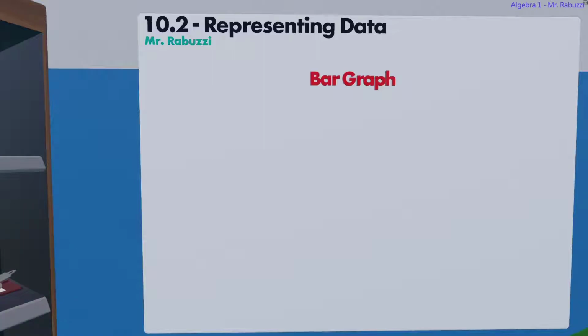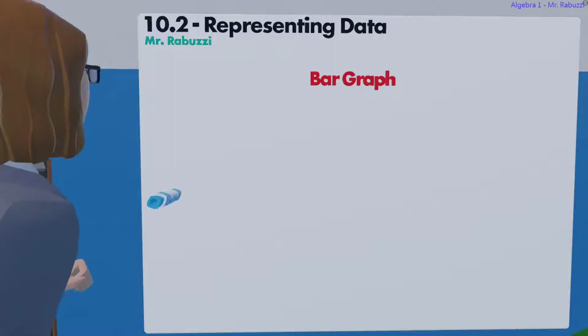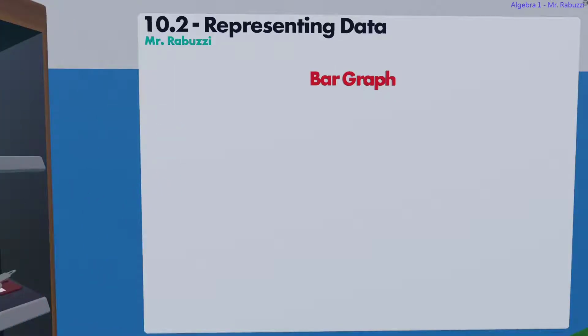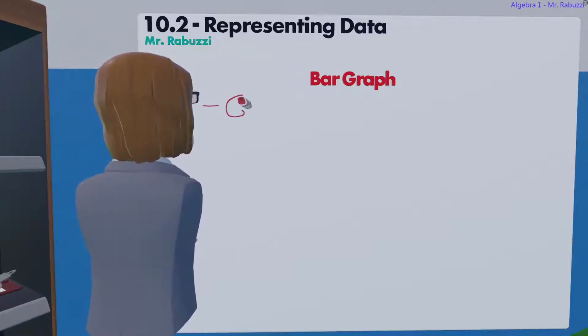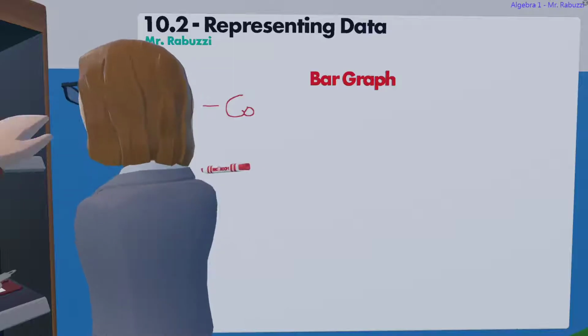And this is something that we use when we want to, I guess we're using red on this board. Where's my red marker? When you want to compare categories.